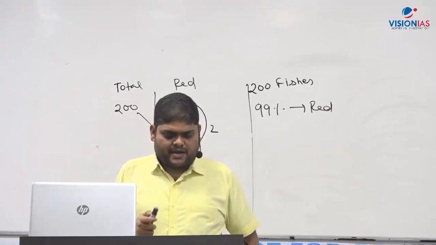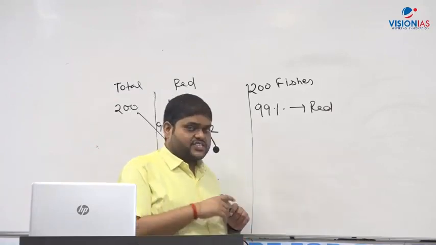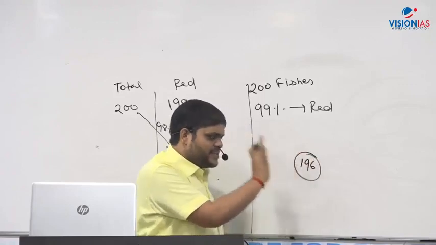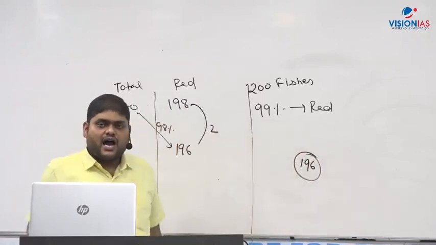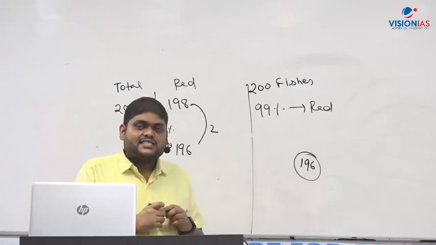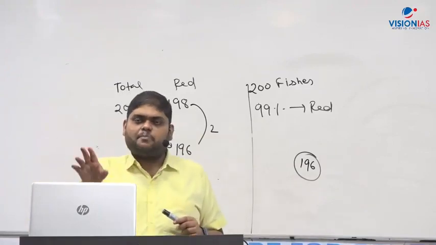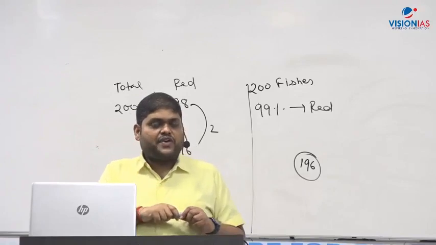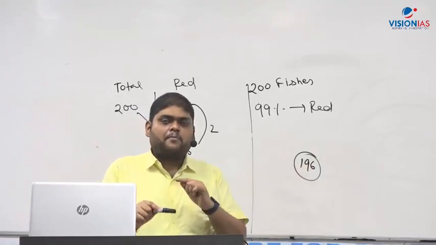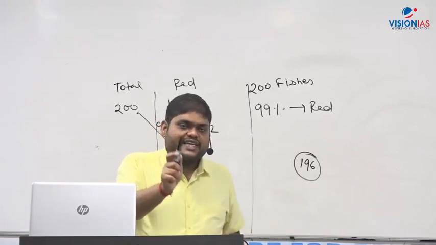The red shirt students become 196, this is fine. But what I forgot is that the red shirt students are part of the class. When I remove 2 red shirt students, the total number of students also decreases.